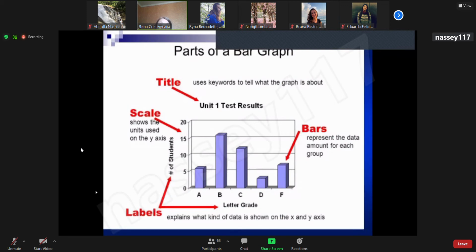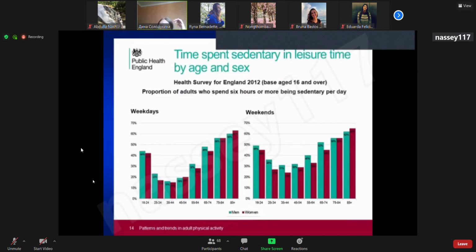For example, here you have a bar chart where time spent sedentary in leisure time by age and gender is given according to the results of a health survey. And we have a bar chart where the categories are gender groups, men and women, and they also give a comparison for each age category.